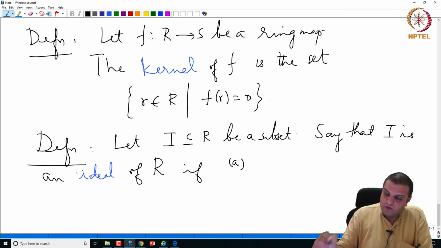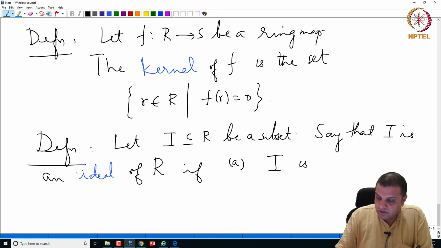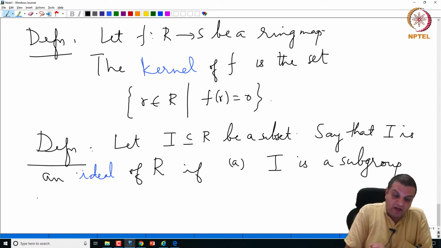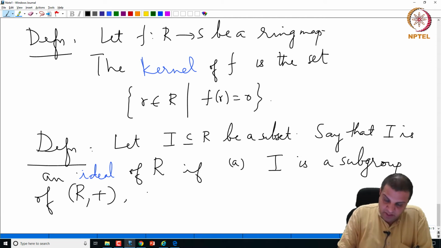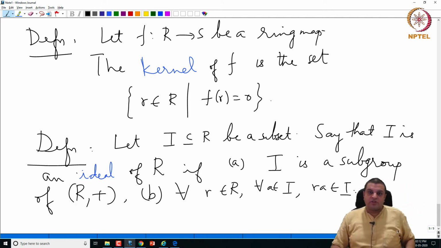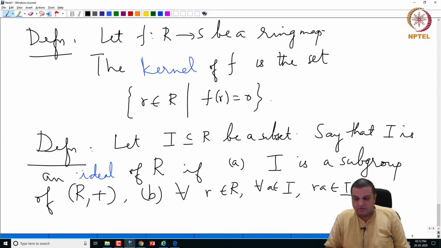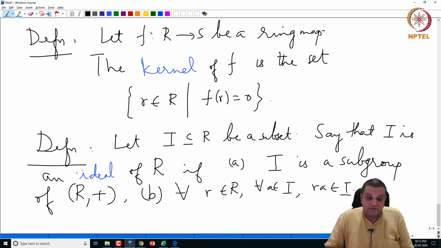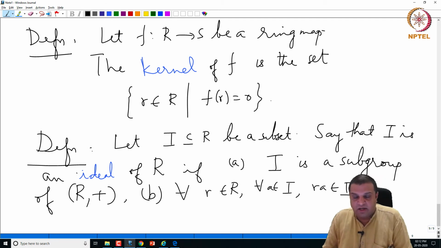A, I is a subgroup of the additive group, and B, for all r in R and for all a in I, r a is inside I. So it's closed under multiplication by arbitrary elements of the ring and is a subgroup of the additive group of R. Such a thing is called an ideal of R.